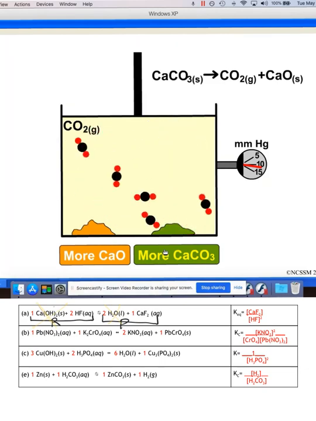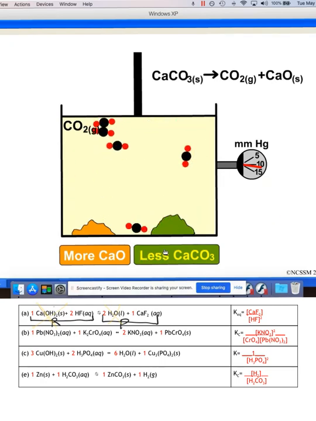You would see impact if you saw amounts of carbon dioxide changing. Adding more did not do anything. Notice adding more calcium carbonate didn't change the amount of carbon dioxide. So hopefully the takeaway is knowing that solids added to a system at equilibrium is not going to impact that equilibrium system.